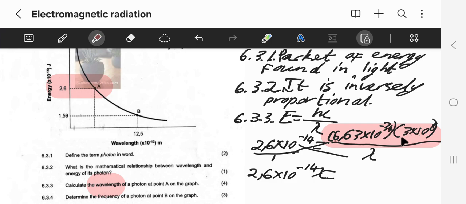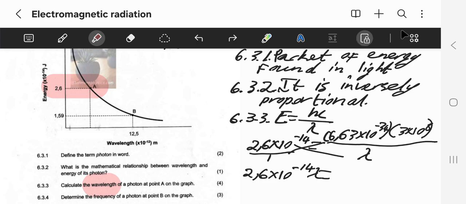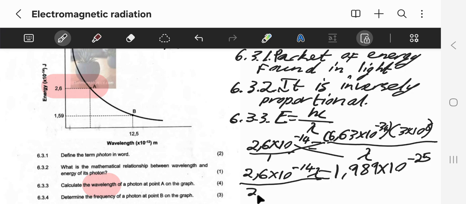When I say Planck's constant times speed of light, the answer I'm getting is 1,989 times 10 to the power of negative 25, and then I will now divide by 2,6 times 10 to the power of negative 14 on both sides.